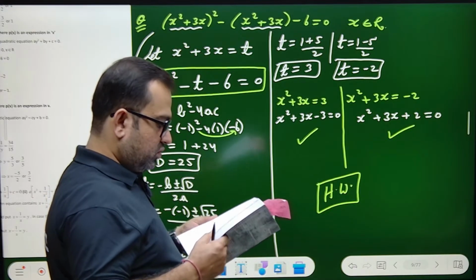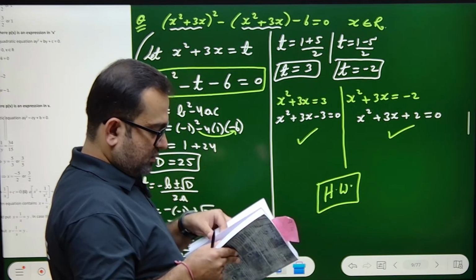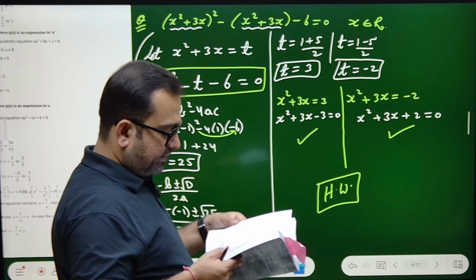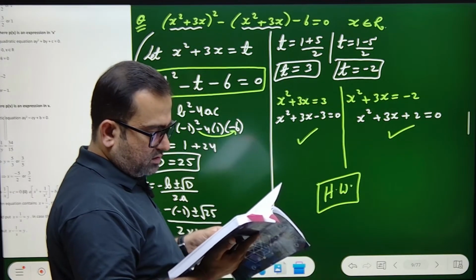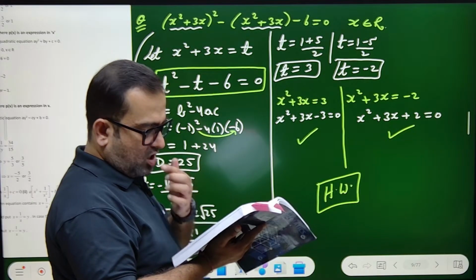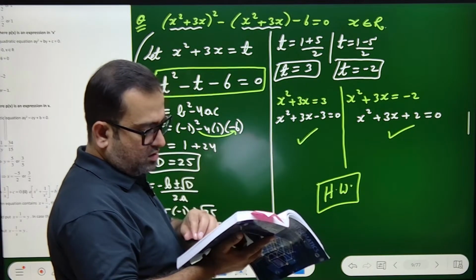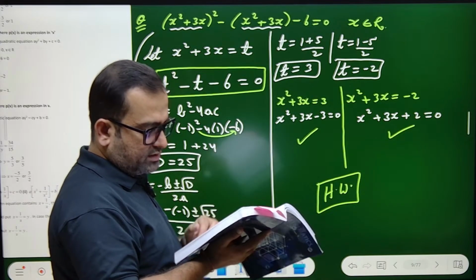Exercise 4.1 is very basic, everyone can do it. Leave 4.2 right now, it's all about word problems. Jump to exercise 4.3.